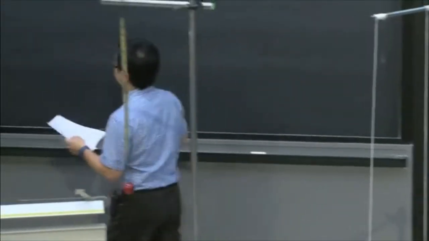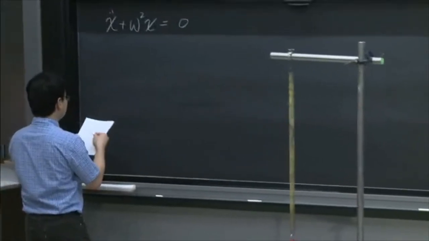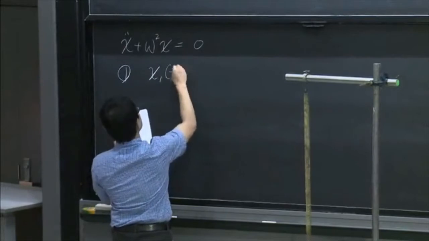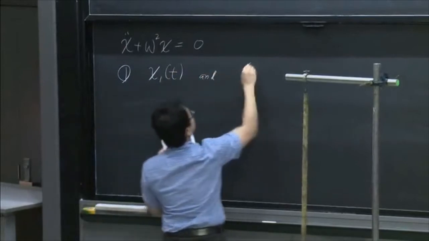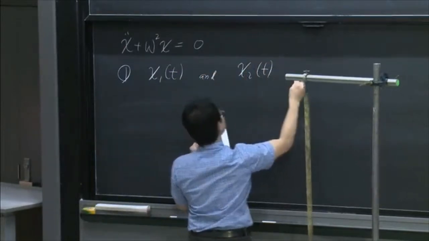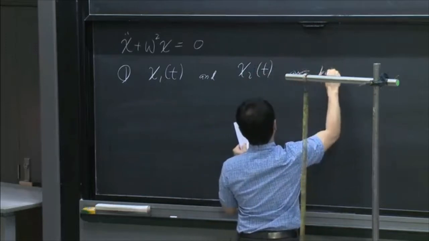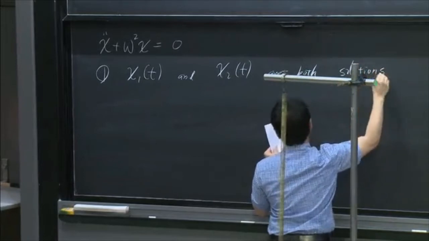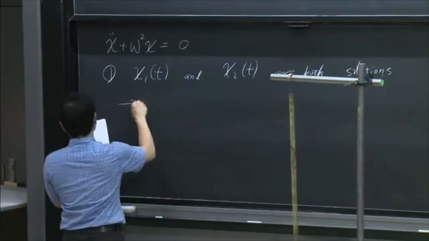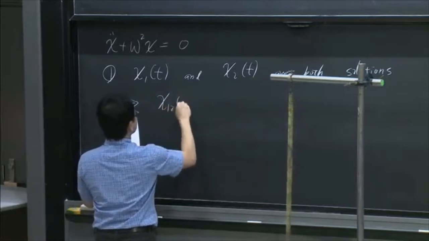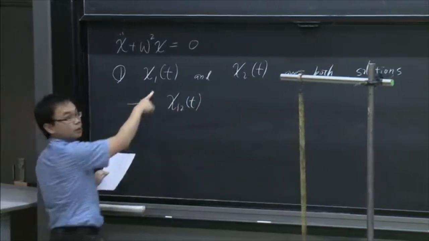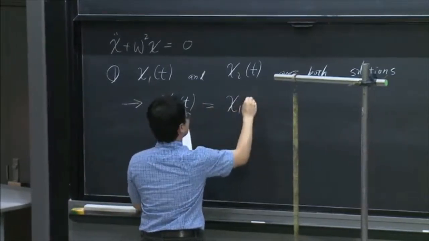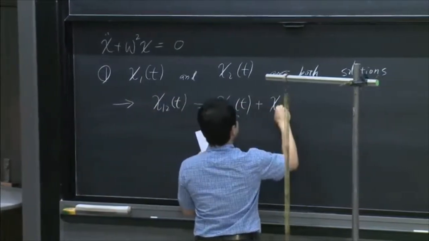The first one is that if x1 of t and x2 of t are both solutions, then x12, which is the superposition of the first and second solution, is also a solution.